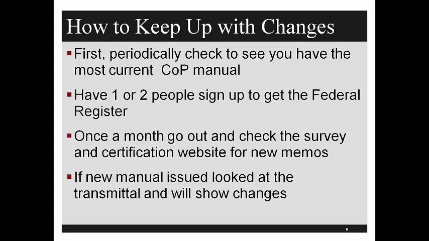H&Ps, all of that. Both of those regulations became effective November the 29th of 2019, but the interpretive guidelines and survey procedures will be out in 2020. CMS said it would be either late spring or early summer. It's already May 22nd of 2020.